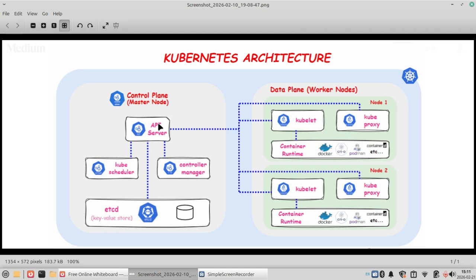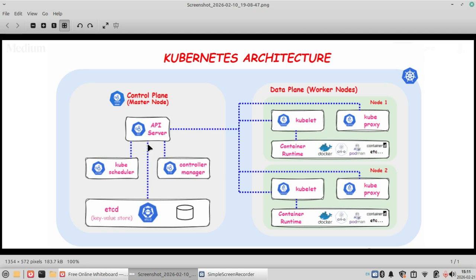All requests go through the API server. You can think of the API server as the central communication hub. Nothing bypasses the API server. But understand that the API server does not do heavy logic. What it does is validate the request, store or retrieve data, and trigger the rest of the system.